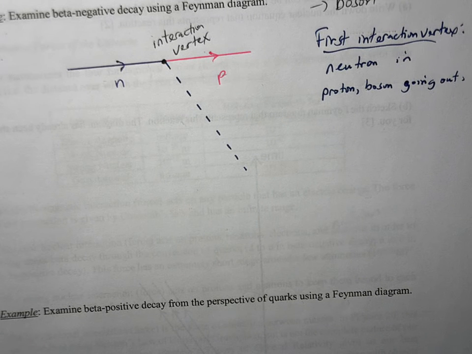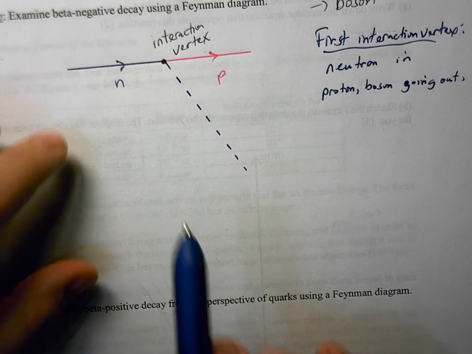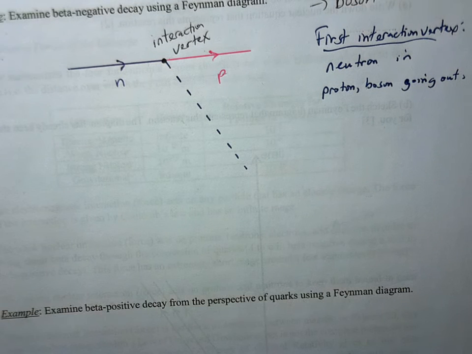What this means is that the conservation laws have to be respected at this interaction vertex. The conservation laws that we are going to be looking at in Feynman diagrams are usually the conservation of the baryon number and the conservation of charge.